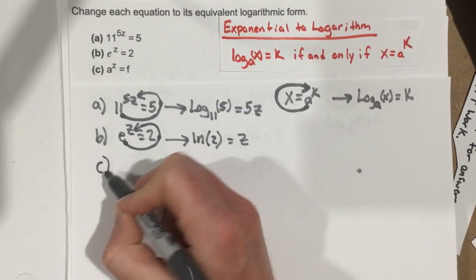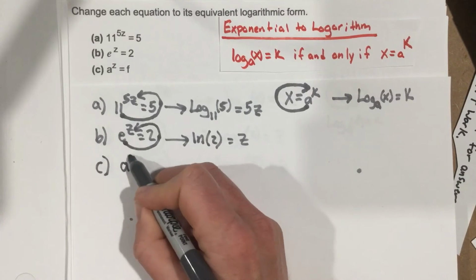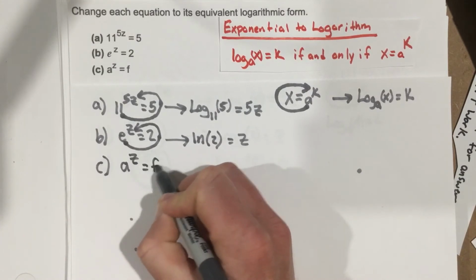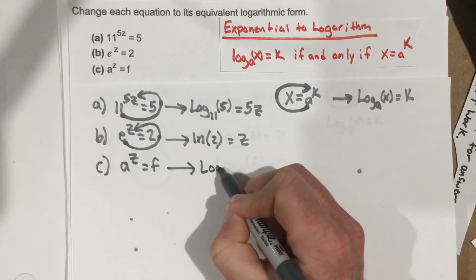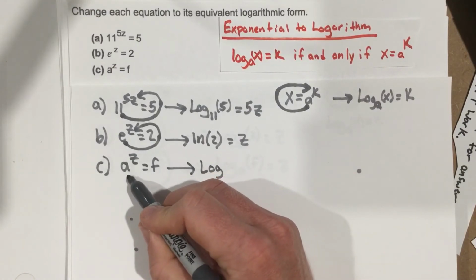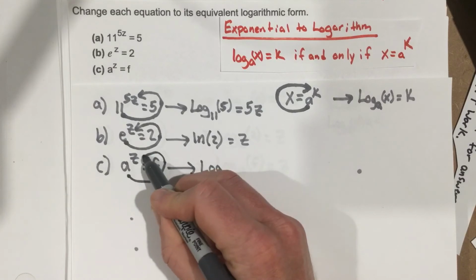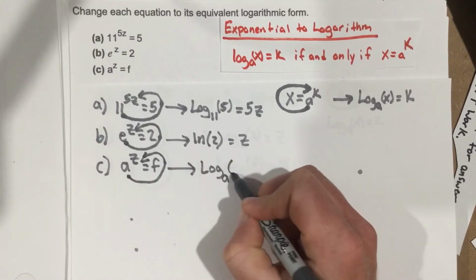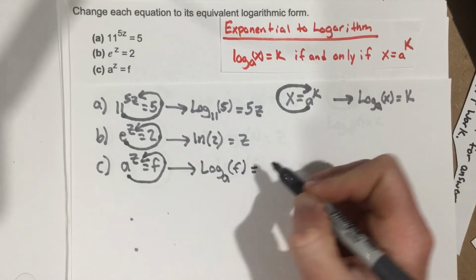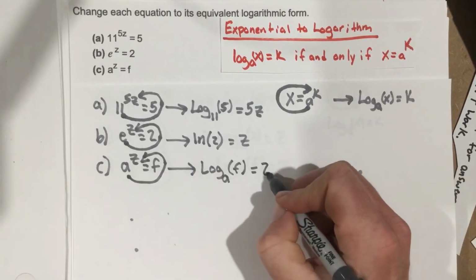And finally, part C. We have a to the z equals f. So we're going to start with log base a of f equals z. So log base a of f, and we always equal for a logarithm the exponent, which is z.